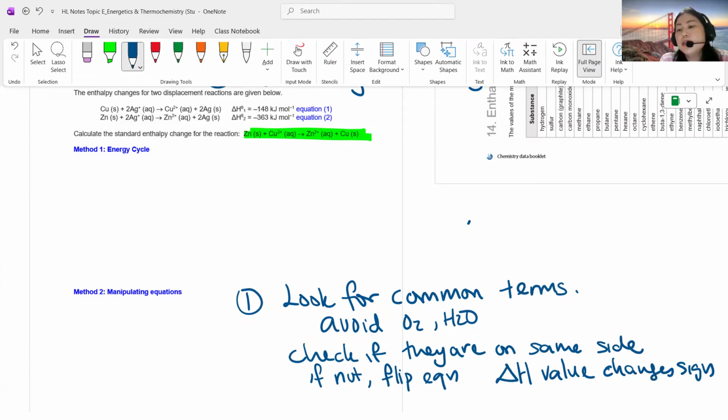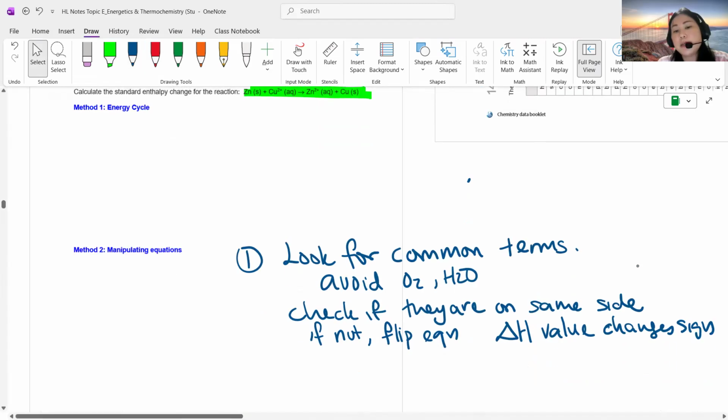What do I mean by changing sign? If the original was negative 148, after I flip the equation, it becomes positive 148. From positive becomes negative, from negative becomes positive.